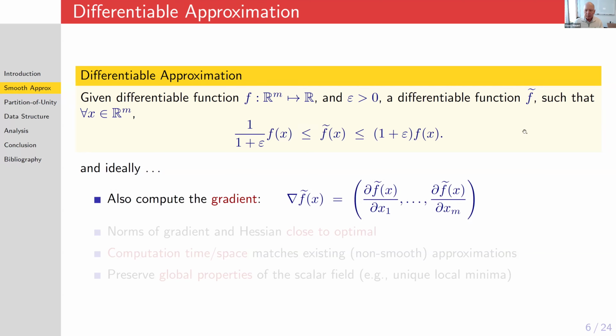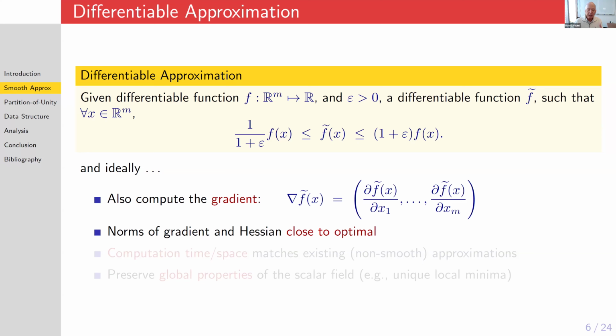I'd like the function that I produce to also be differentiable, okay? I would like my algorithm not only to output the function, but also to output the gradient, because again, I would like to be able to perform gradient descent using these functions, maybe put them inside of my neural nets or whatever it is I'm doing.